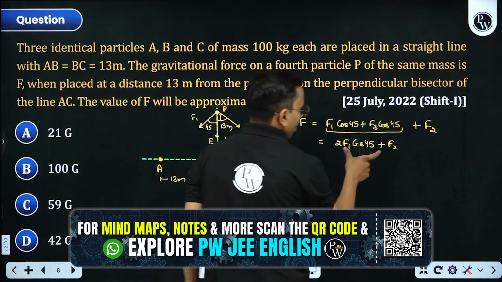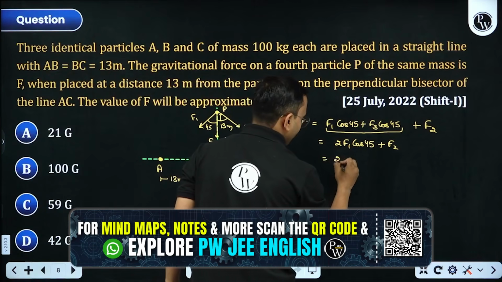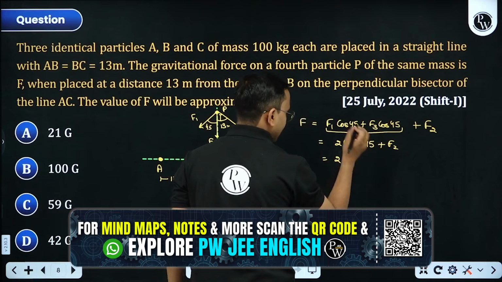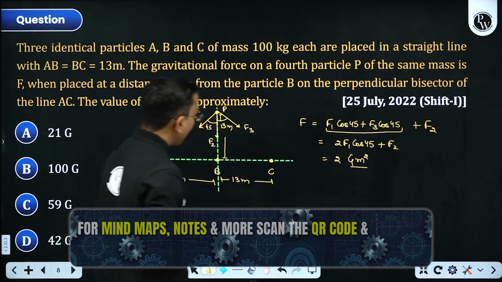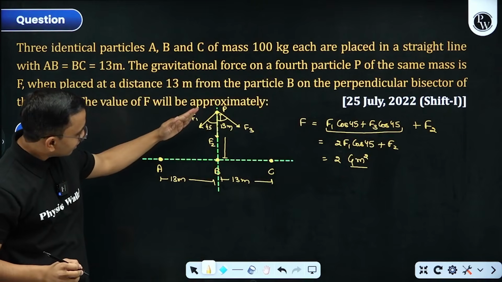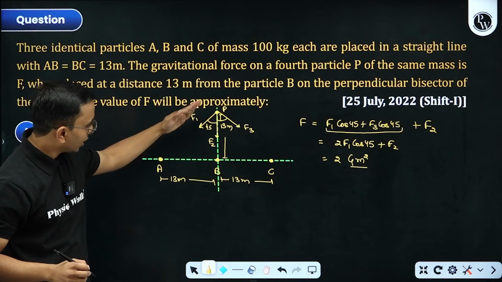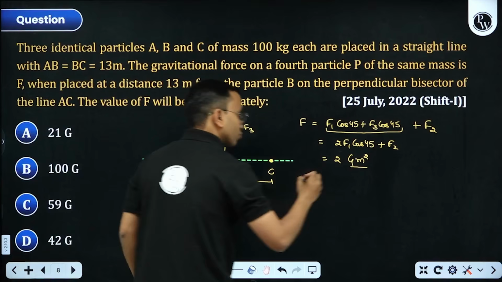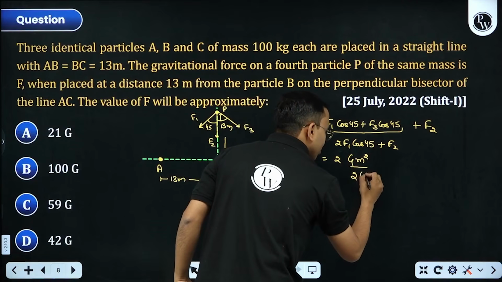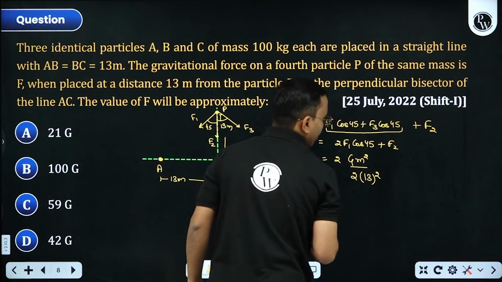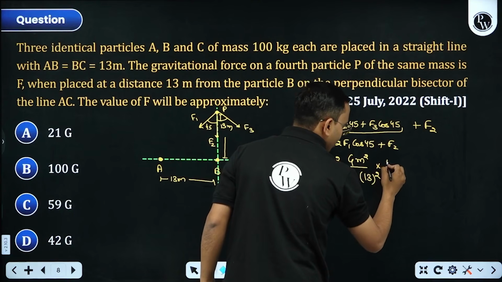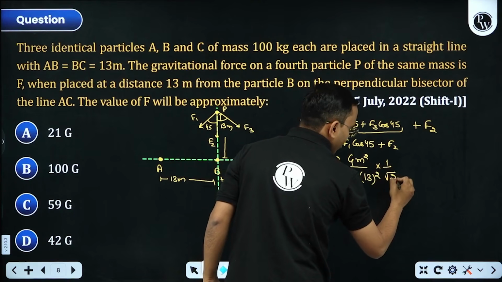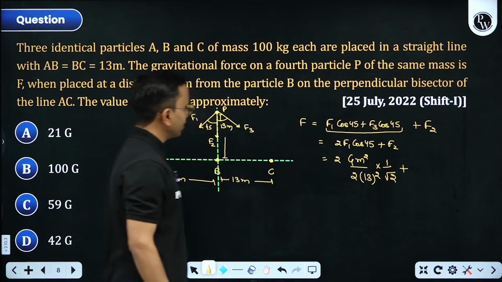So what is F1? F1 is G into m square divided by r square, taking the mass of each particle as m. What is this r? This is 13 root 2. So this will become 2 into 13 square, into cos 45, that is 1 by root 2, plus F2. What is F2?